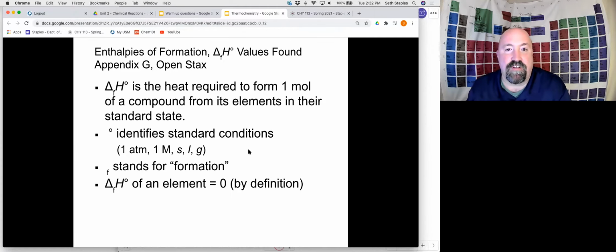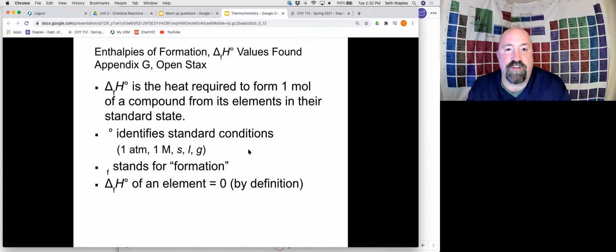As an example, I'm going to work through a worked example with glucose in just a second. But let's say that we have a very generic reaction of 2A plus B makes 3C.